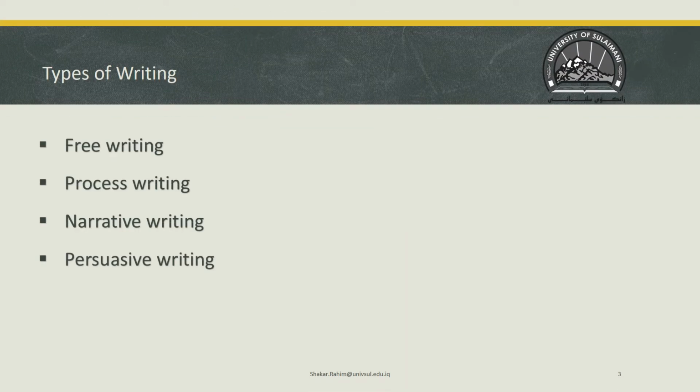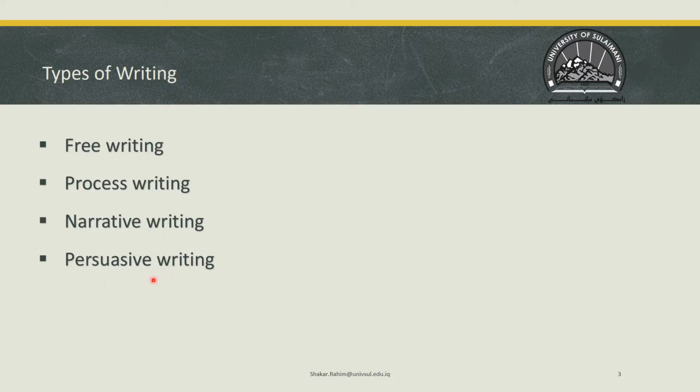Next up, we have some major types of writing. Guys, these are not all the types of writing. We have many other types, but these are the most common ones, guys. We have free writing, process writing, narrative writing, persuasive writing. We talked about this persuasive writing, guys. We talked about it in March.